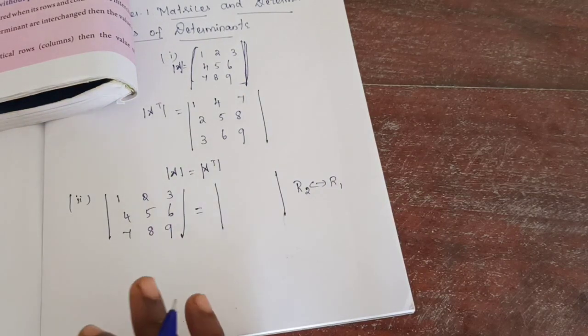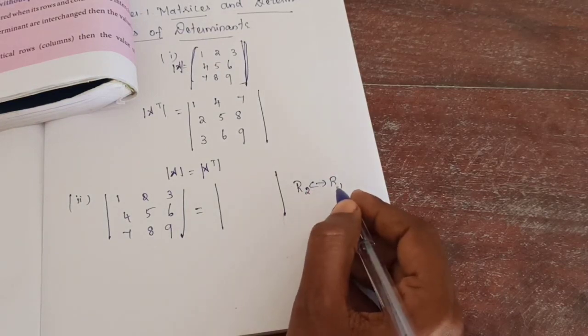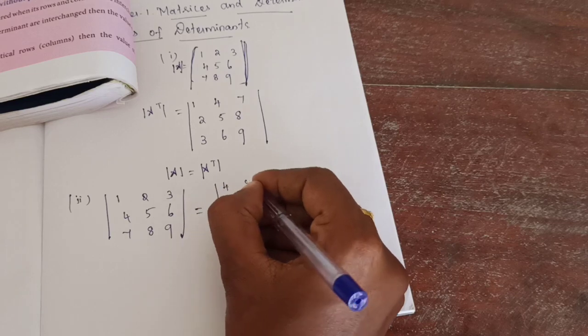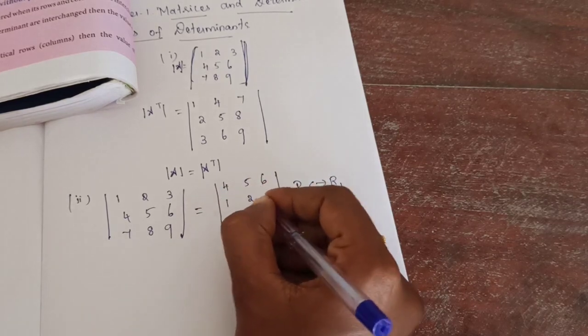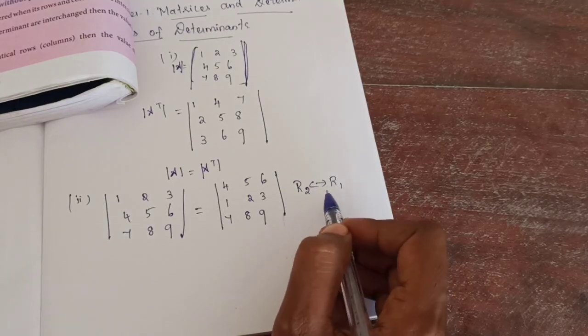Properties are very, very important for doing the next problems. In R1's place I put R2, and in R2's place R1. So 4, 5, 6; 1, 2, 3; 7, 8, 9. R1 and R2 I have interchanged.